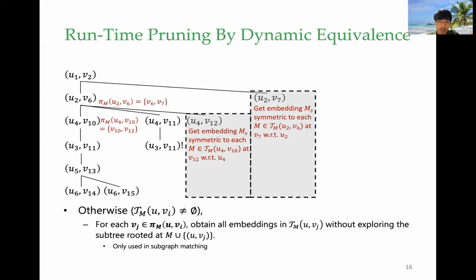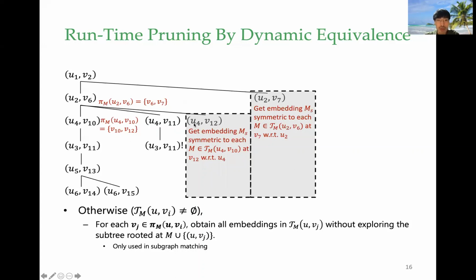And the second case is equivalent subtrees that lead to embeddings. So let's say we came back to node U4 and V10 after the exploration of this subtree, and in this subtree we generated two embeddings, and V10 and V12 are in the same equivalence set.